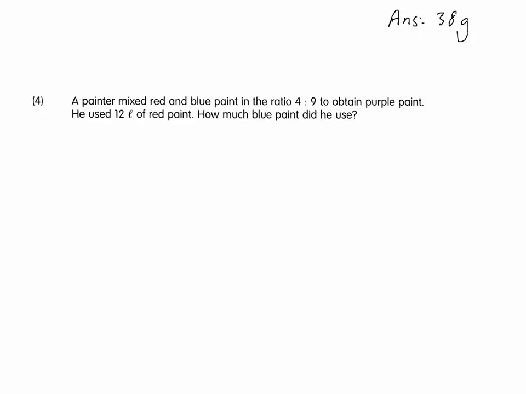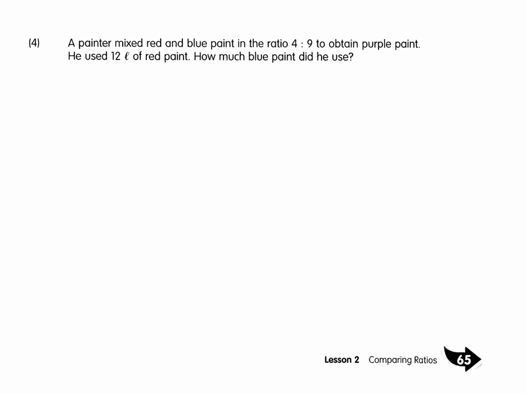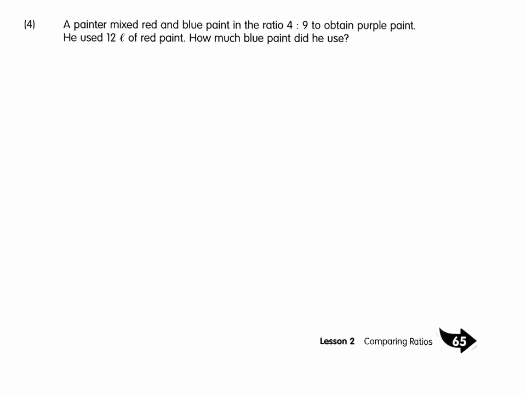So a painter makes red and blue paint in a ratio of 4:9 to obtain purple paint. He used 12 liters of red paint. So how much blue paint did he use? Very simple. I know red is to blue is 4:9. Now I have red is 12. I need to find out blue, right?